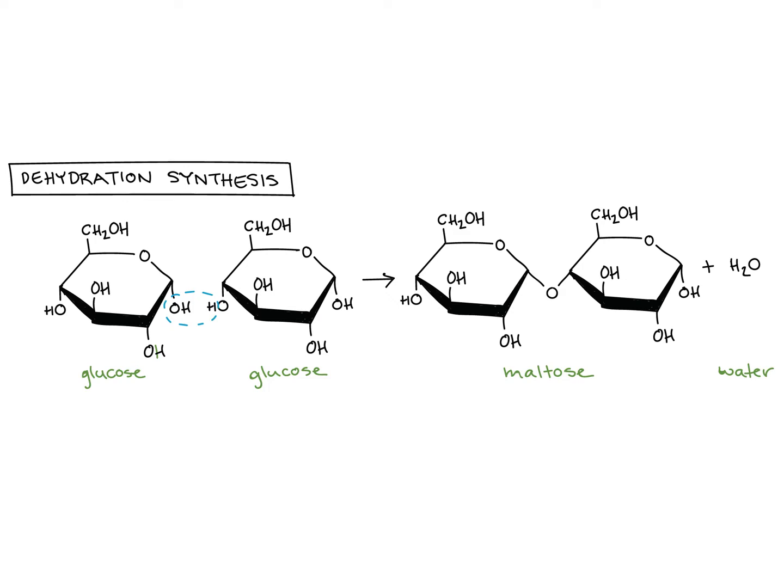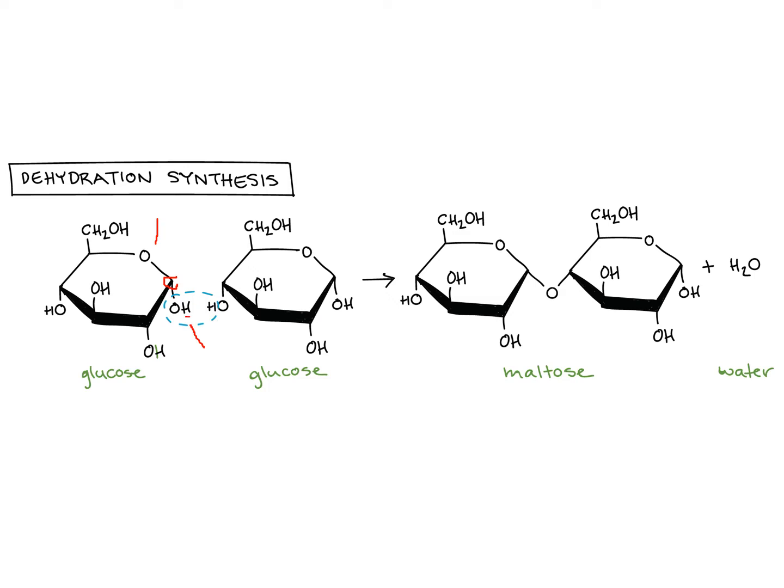And so the way that we do that is we actually dehydrate these molecules. Right? So what we can see here are 2 glucose molecules. These are the reactants. Note that attached to this carbon right here, there is an OH. And so using an enzyme, we can actually remove water molecules, right?